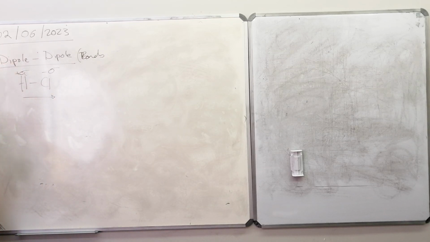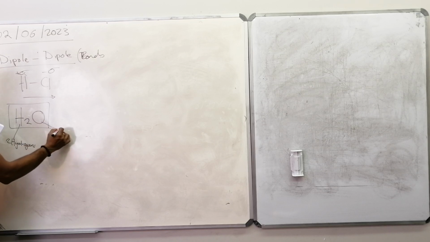So let's look at the first one here. We know the compound, it looks normal here. H2O. When you read this compound, it's telling you obviously there are 2 hydrogens and 1 oxygen.